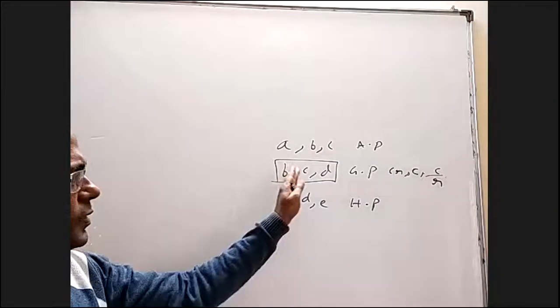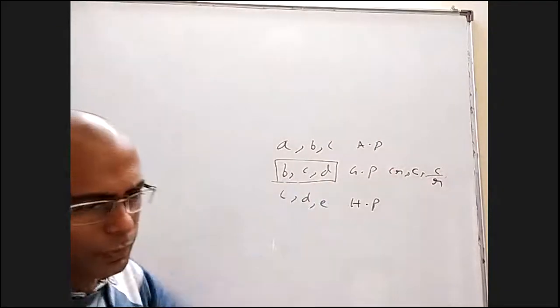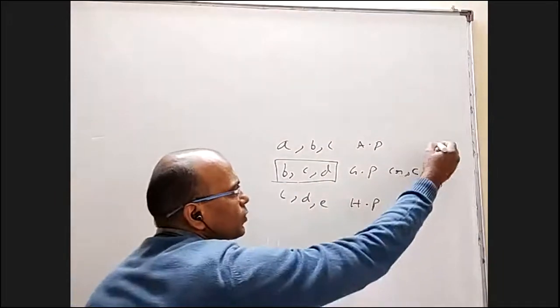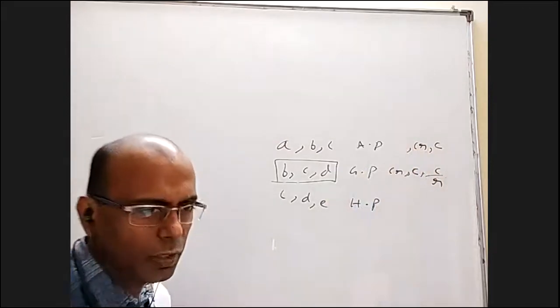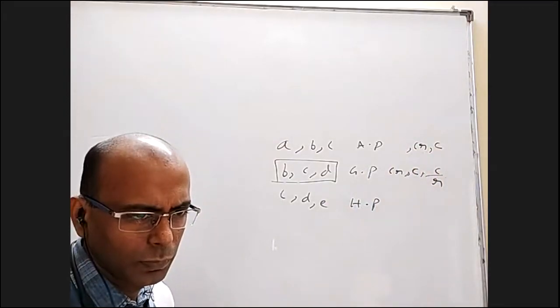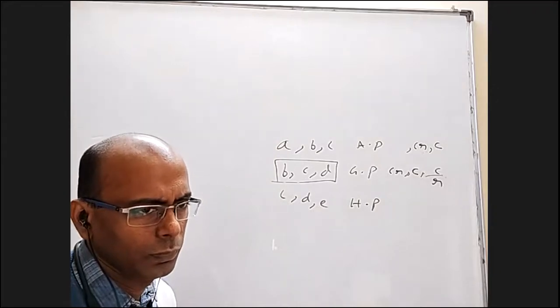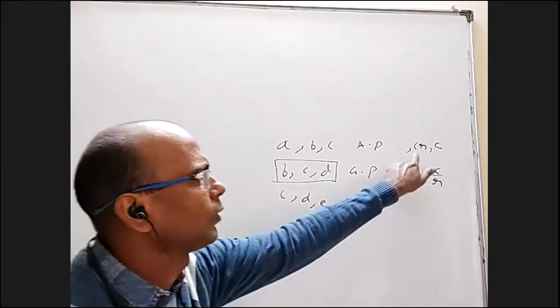Let us keep C as it is. This is C by R. This is some GP. C is there. Now there should be C here and the CR here. Then what should be A? Because they are in AP, 2CR minus C. Double of this minus this.